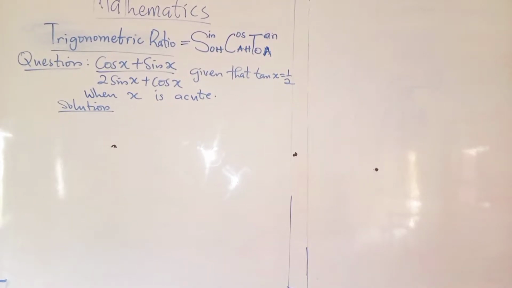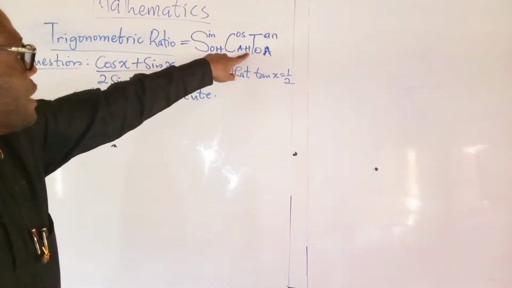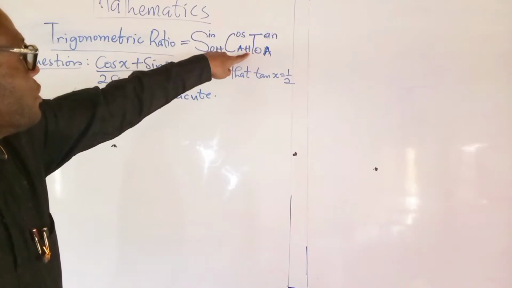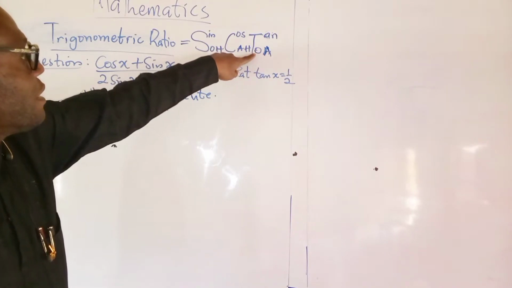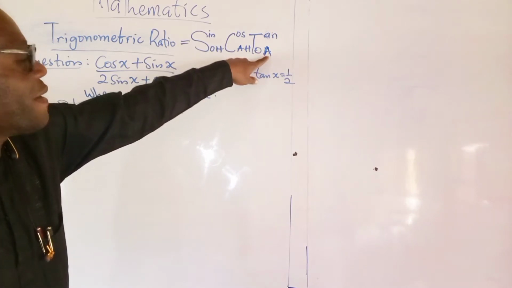This is a trigonometric ratio question, and as you can see, trigonometric ratio is all about SOHCAHTOA. That is, sine is equal to opposite over hypotenuse, cos is equal to adjacent divided by hypotenuse, tan is equal to opposite divided by adjacent.